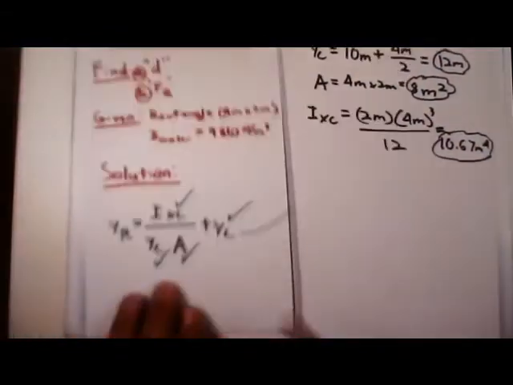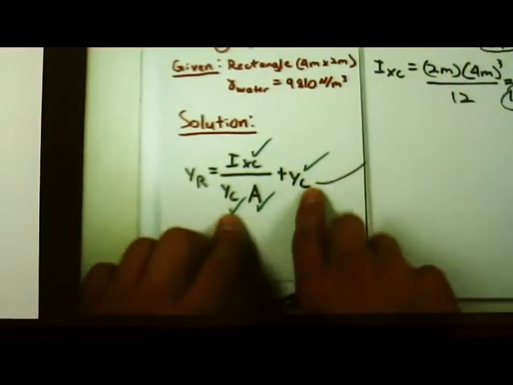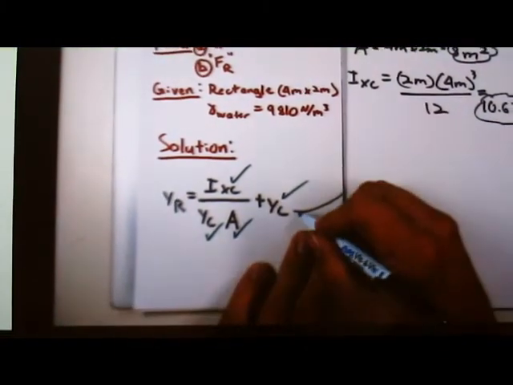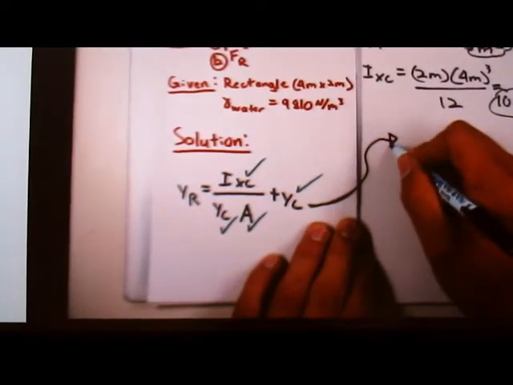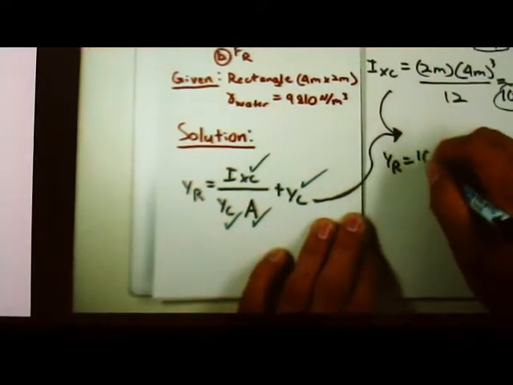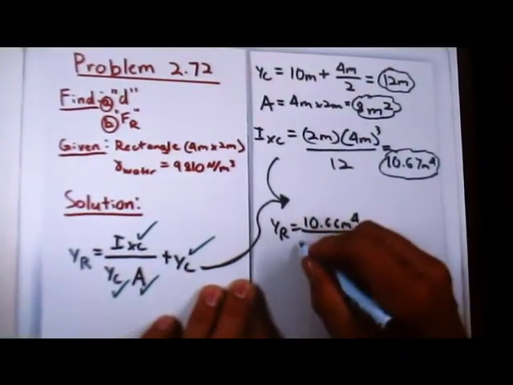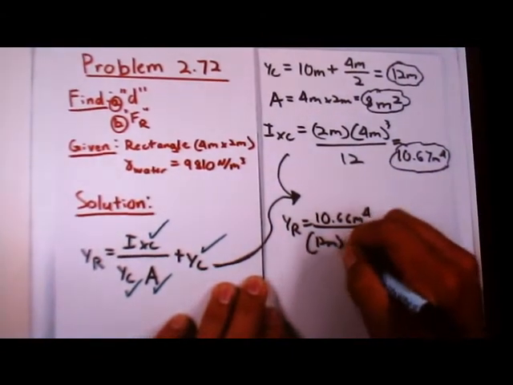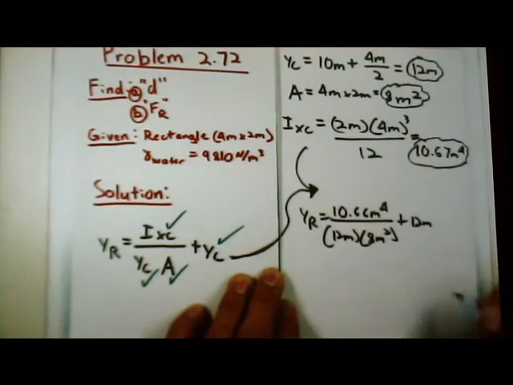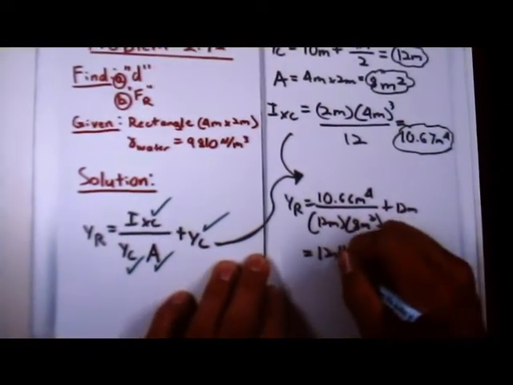So now we have our moment of inertia, our area, and our distance to the centroid of the gate. Now all we have to do is plug and chug. So Y_R is equal to 10.67 meters to the 4th, divided by 12 meters times 8 meters squared, plus 12 meters, and that all equals 12.11 meters.